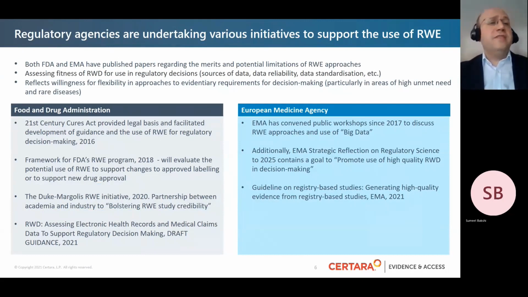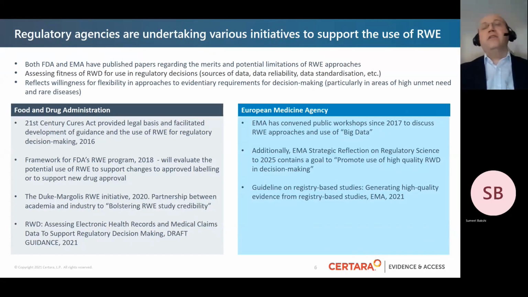In the US, the 21st Century Cures Act has provided a legal basis and facilitated development of guidance and use of real-world evidence for regulatory decision-making since 2016. Subsequently, a framework for the FDA real-world evidence program was developed in 2018 to evaluate potential use of such evidence to support changes in approved labeling or to support new drug approval.